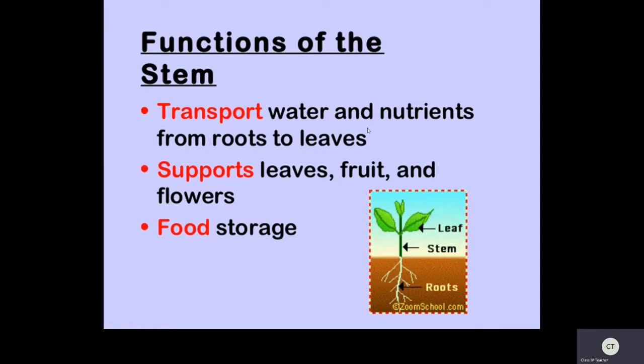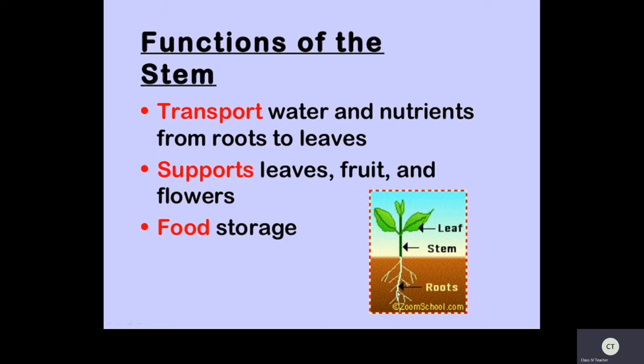Yes, see here, functions of the stem. Functions of the stem. Let us see. Now, transport. Transport water. Transport means it absorbs the water from the roots, and the stem will send it to all parts of the plant. So transport water and nutrients from roots to the leaves.